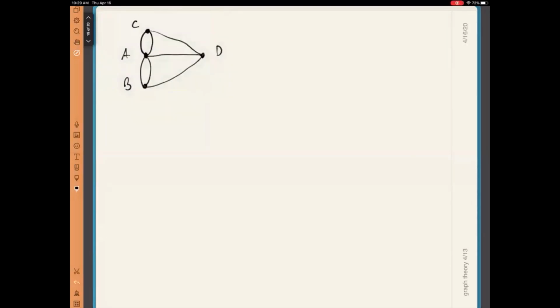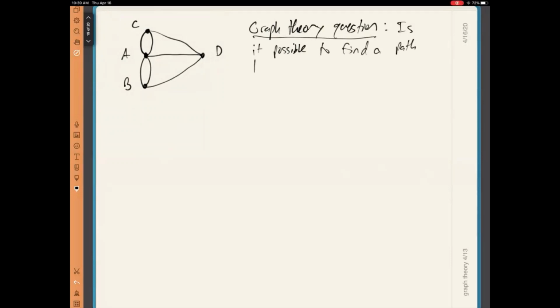And so the graph theory version: is it possible to find a path through this graph starting at some vertex and ending at the same vertex that does not traverse the same edge more than once?